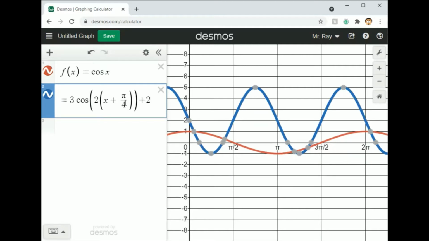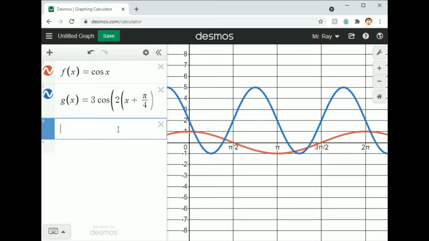So let's compare these now. So for the blue one, I'm going to put a line on here just so it makes things a little easier to see. By no means is it required, but just the line y equals 2. And what that represents is the rest position of the blue graph, so basically the midpoint of the transformed graph.